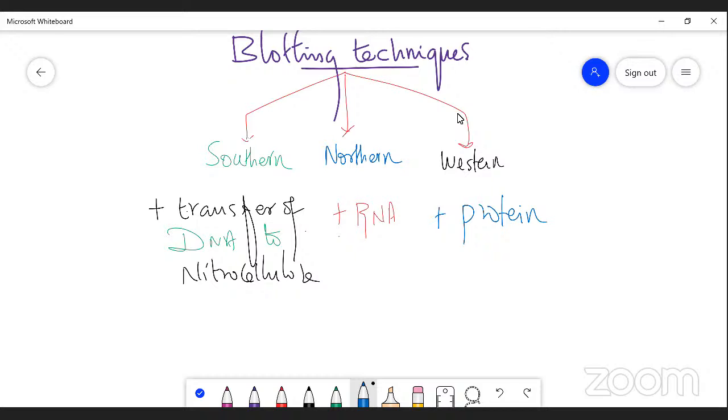Whereas the western method is a blotting technique in which protein is transferred from the electrophoretic process to nitrocellulose membrane. So that is the difference between southern, northern, and western blotting.